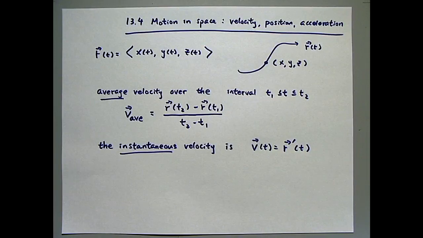How do we approximate the instantaneous using average? Yeah, exactly. When the time interval is very, very short, right?